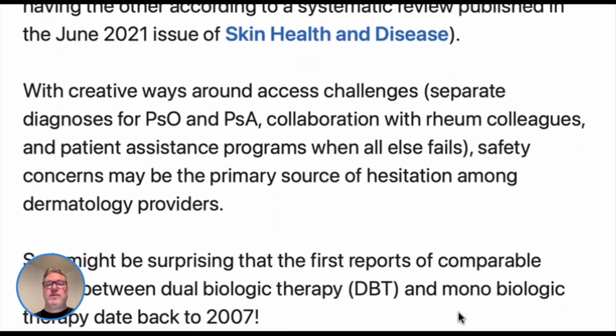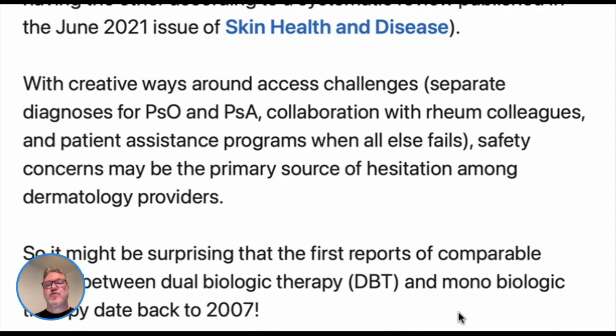So there are creative ways around access challenges. I've included separate diagnoses for psoriasis and psoriatic arthritis, collaboration with rheum or GI colleagues, and patient assistance programs when all else fails. And because there are ways around those access challenges, the safety concerns may be the primary source of hesitation among dermatology providers.